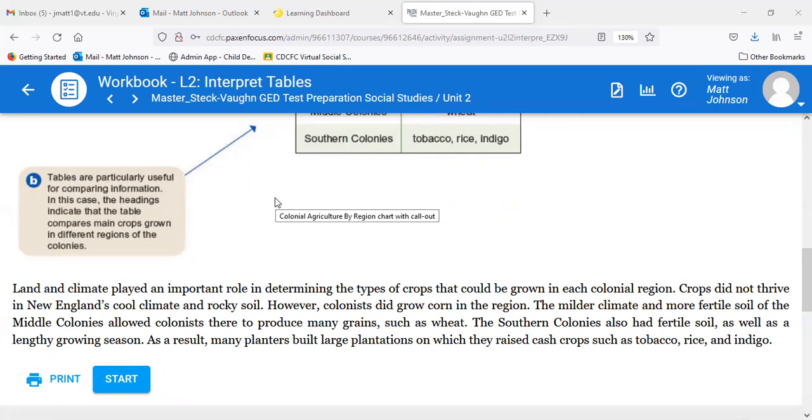As a result, many planters built large plantations on which they raised cash crops such as tobacco, rice, and indigo. Does anybody know what indigo is? Any thoughts on that?